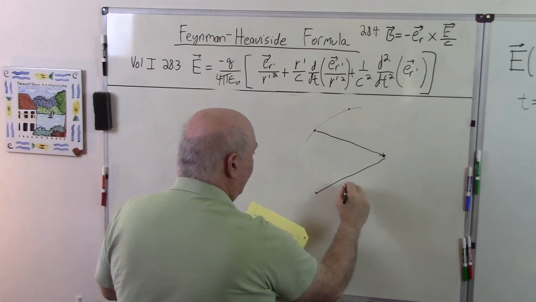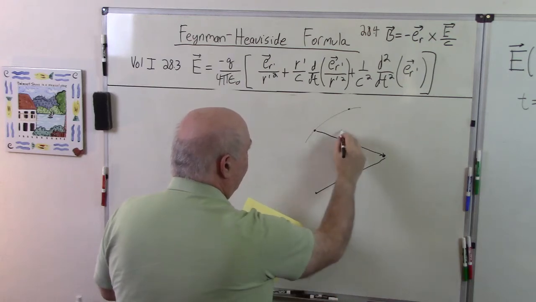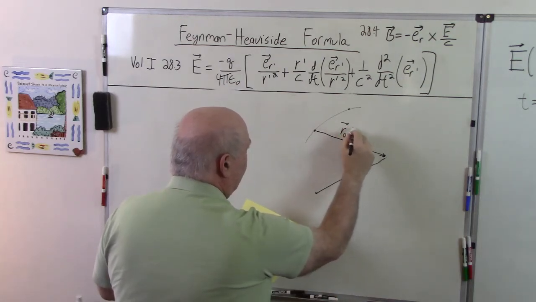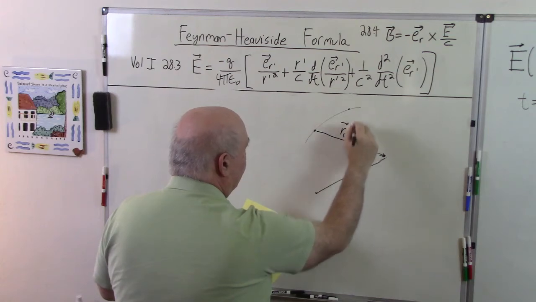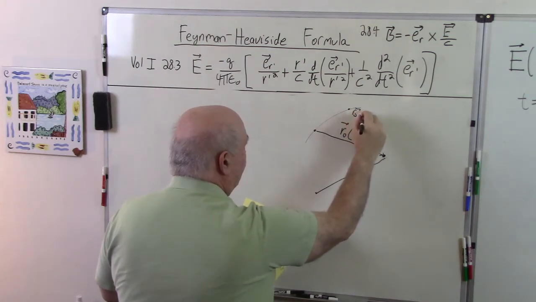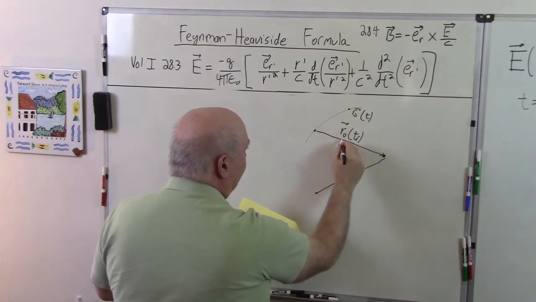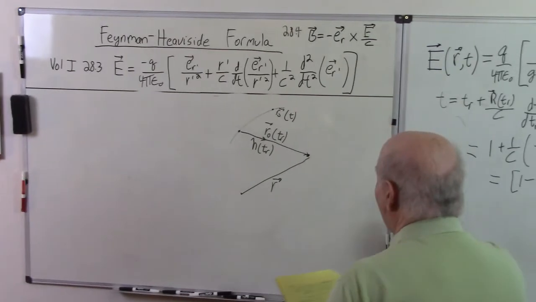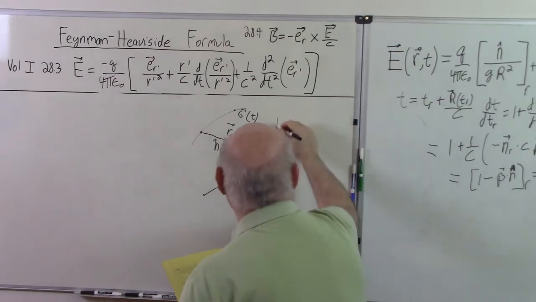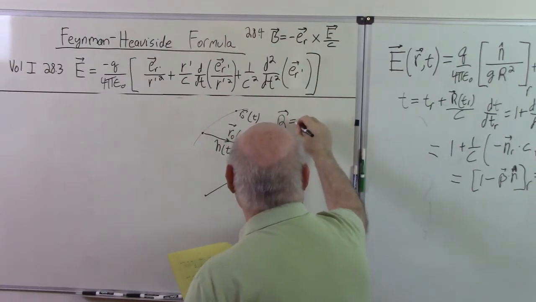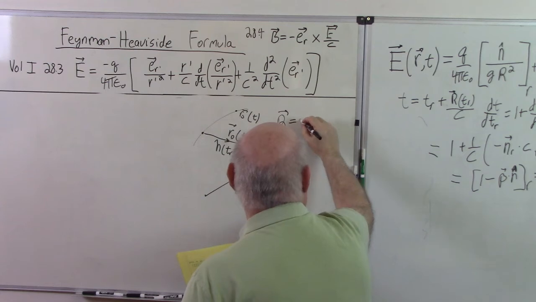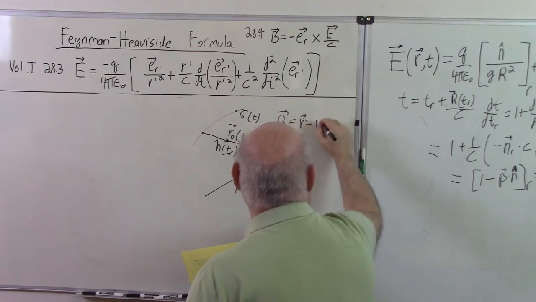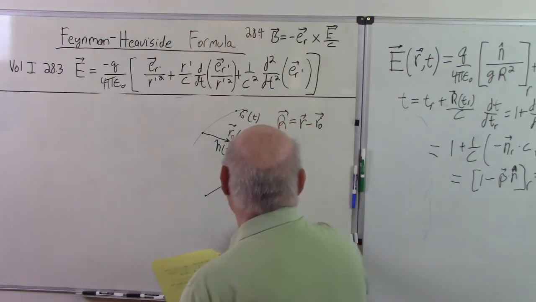So this is R, this is R0 at t_r, and this is R0 at t, and this direction has a unit vector n caret at t_r. In general R is equal to r minus R0.